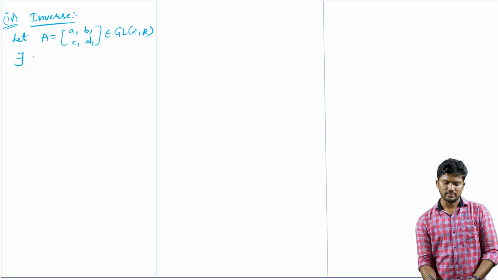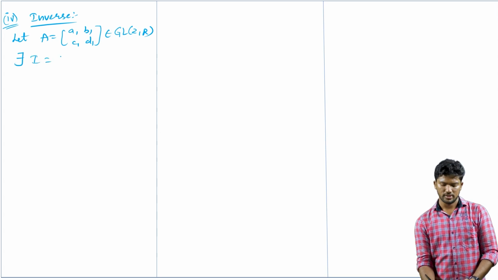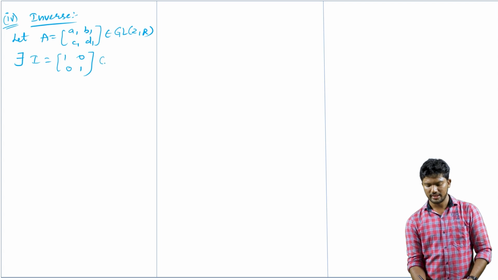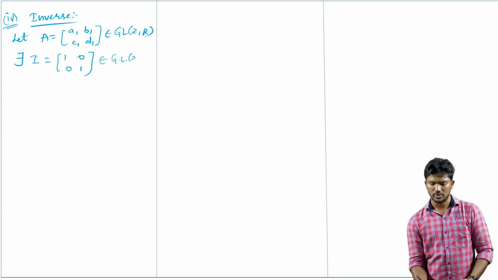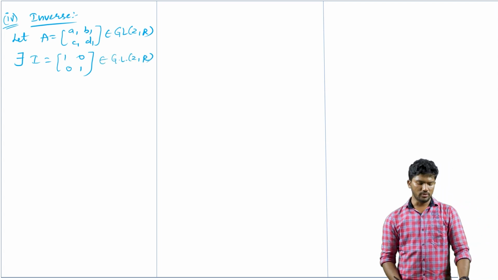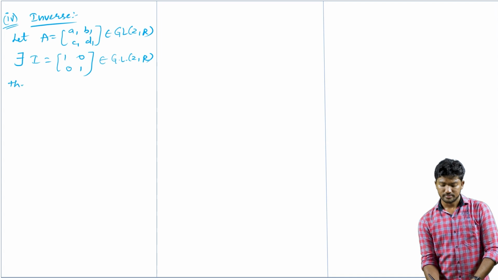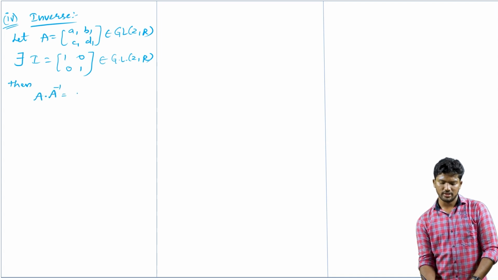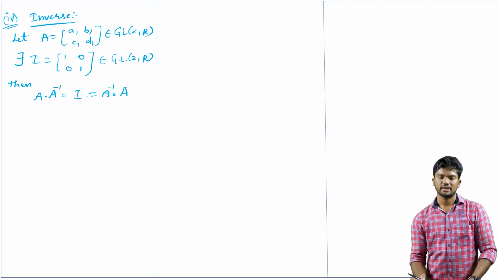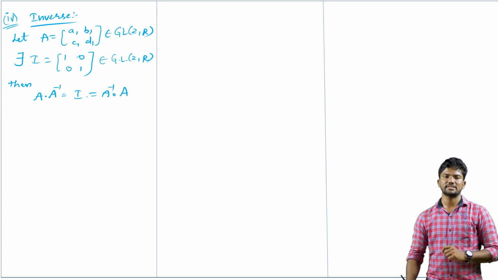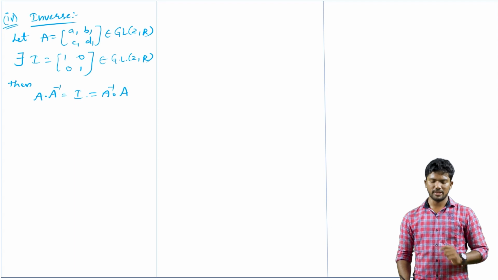There exists capital I equal to [[1,0],[0,1]], the identity matrix, which also belongs to GL(2, R). Now A into A inverse is equal to capital I is equal to A inverse into capital A. This is the inverse condition with respect to matrix multiplication.